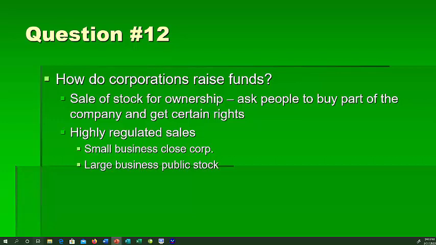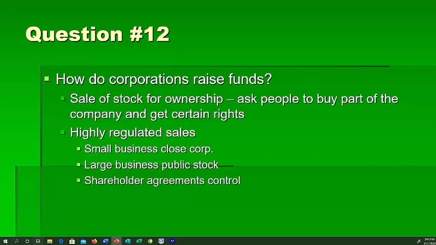Small businesses, either to qualify as like an S corporation, there have to be certain things that you comply with in order to get that designation from the IRS. So there are rules that need to be followed in order to get investors.